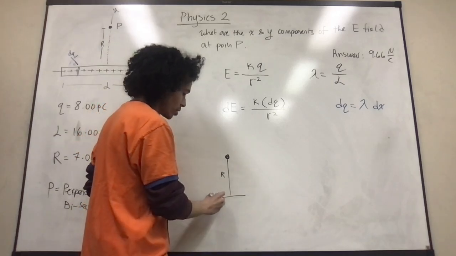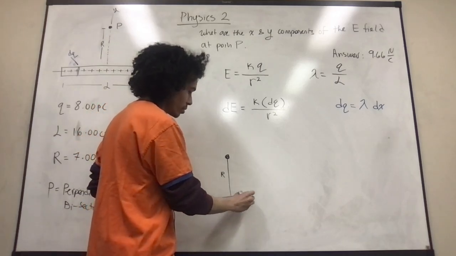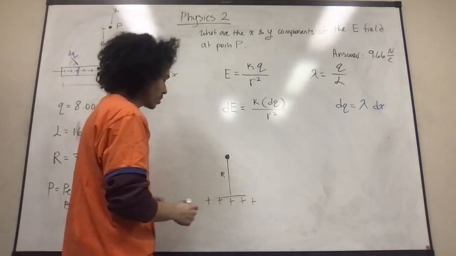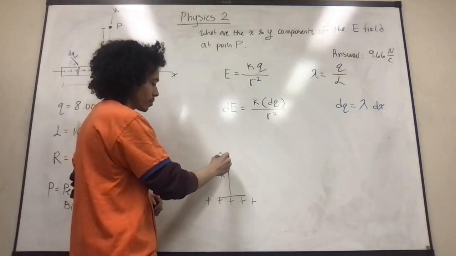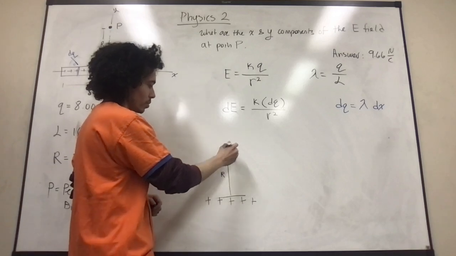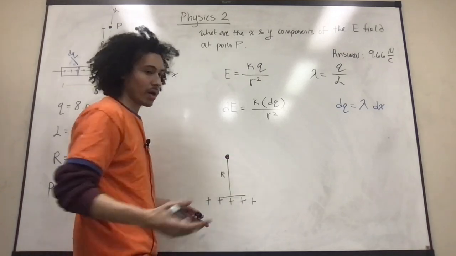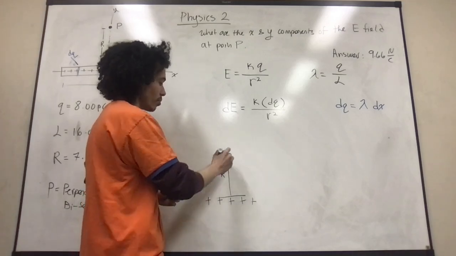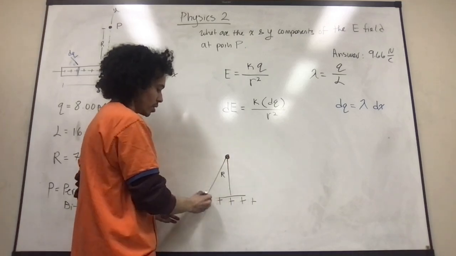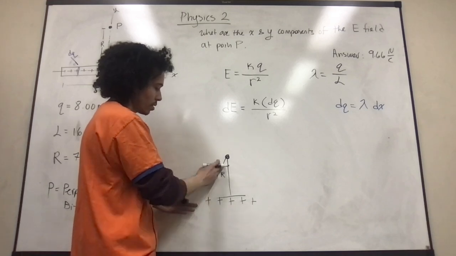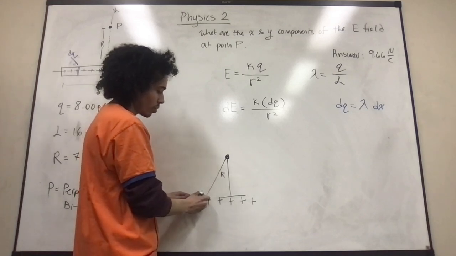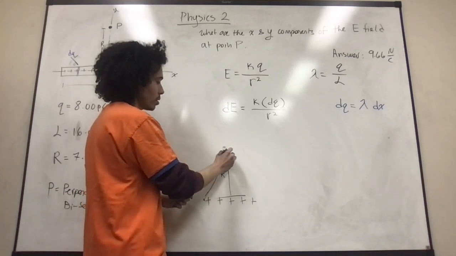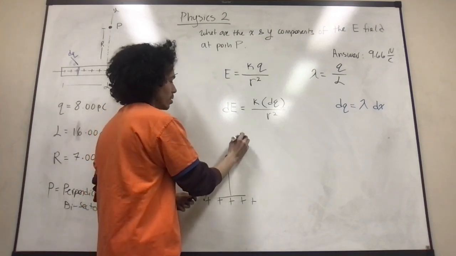We have all these positively charged particles. If we draw the vectors, that will be a product of this calculation here: the distance of the charged particle to the point P, and that'll create an electric field.